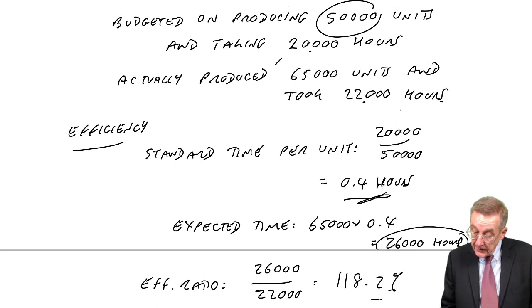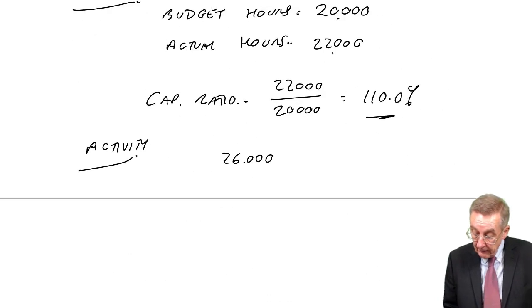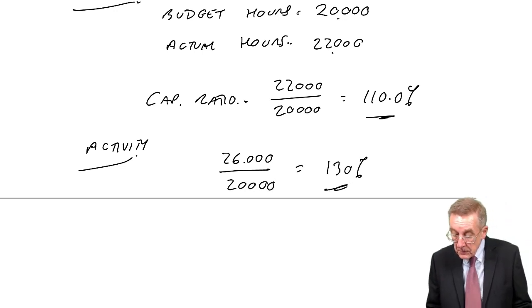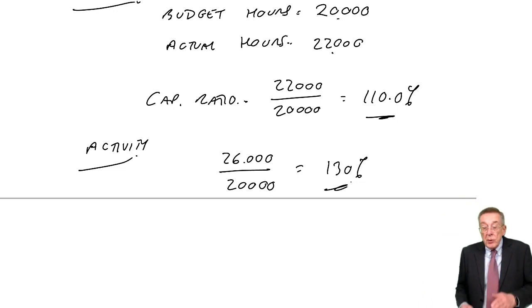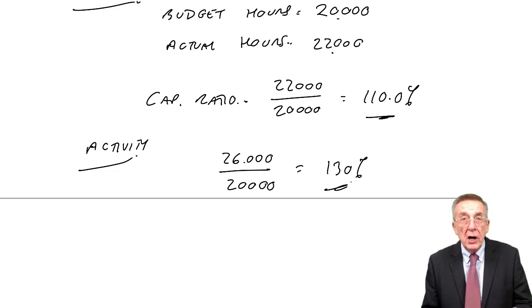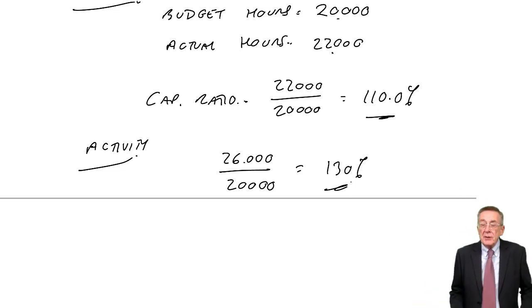The budgeted hours were 20,000. And what does that mean? It's 130% there. It means we managed to get 26,000 hours' worth of work. They produced so many units, it was worth 26,000 hours of work.